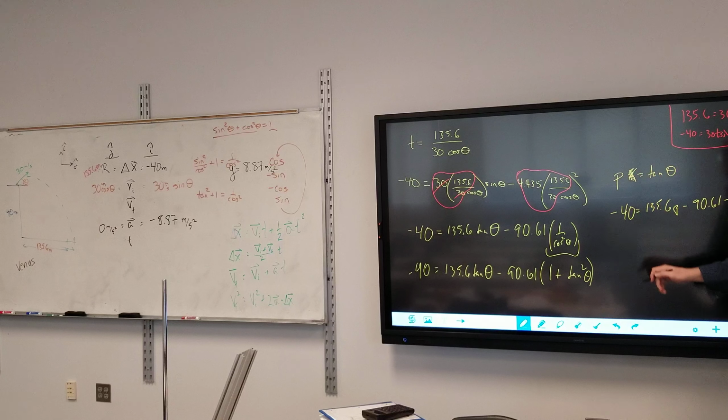Getting everything over onto the left-hand side, I have 90.61p squared minus 135.6p plus 50.61 equals 0. Got a minus sign screwed up here. All right, I think that's looking good.